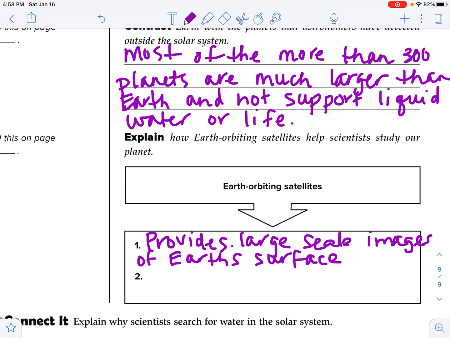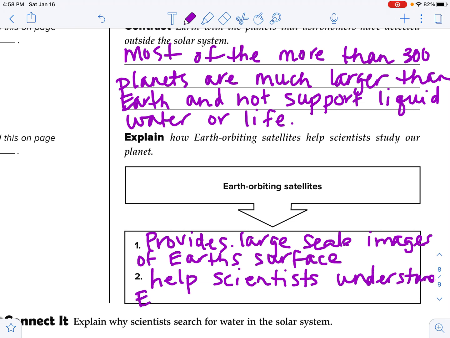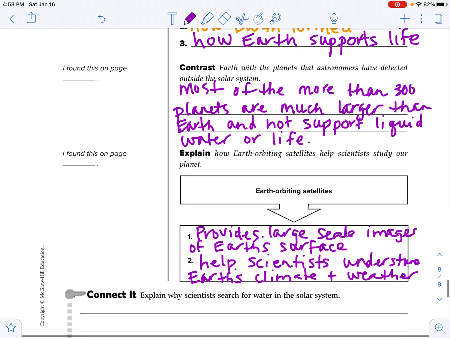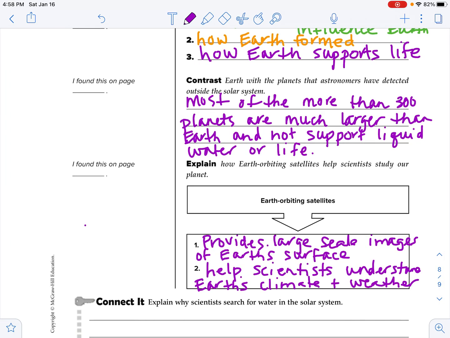The second one, it helps scientists understand Earth's climate and weather.